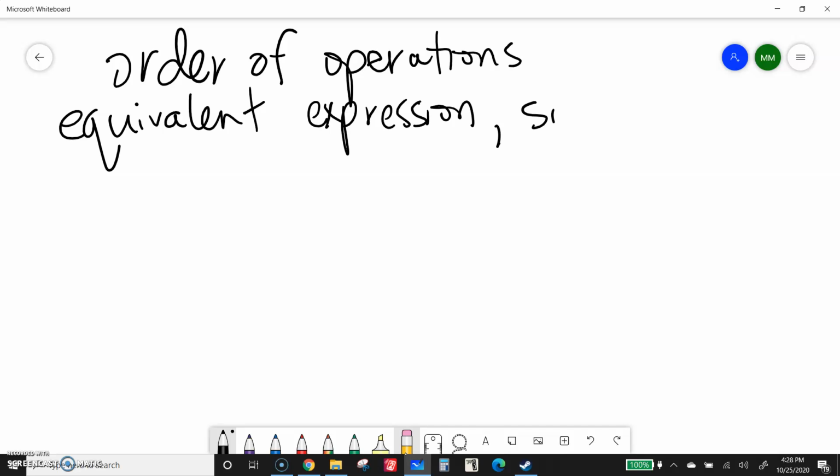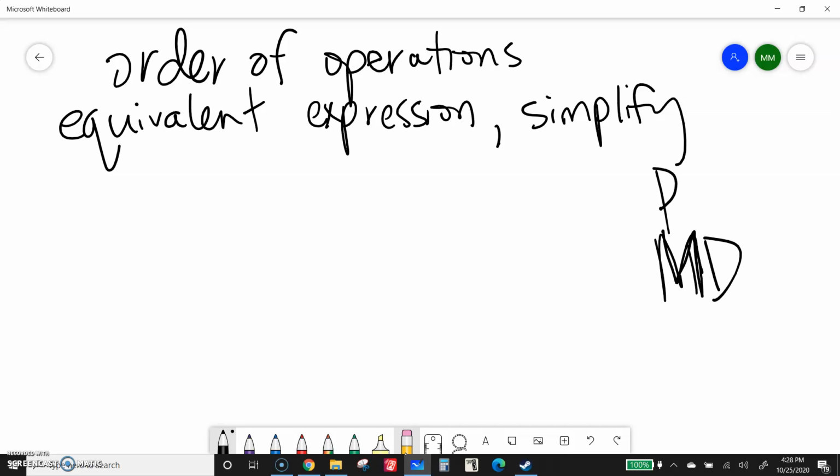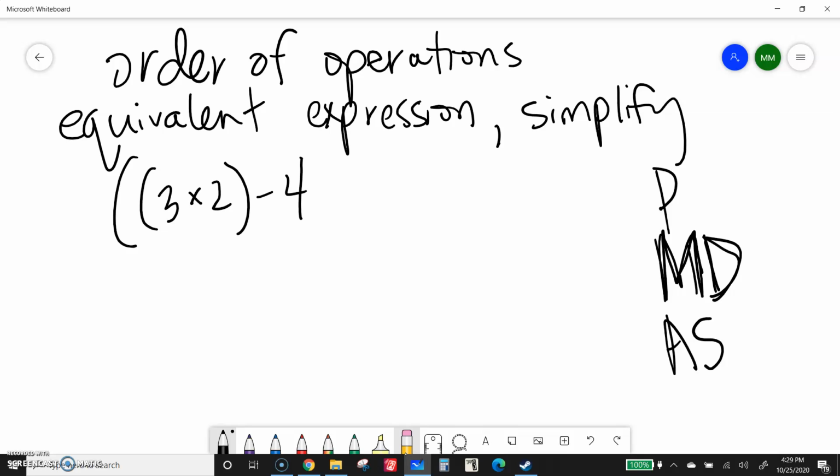Or you could say we're simplifying, but we're always using the order of operations to do that. Now, it won't always say use the order of operations, but anytime you're getting an answer and you have an expression like that, you should use the order of operations to do it. That is just a given in math that we are using them.